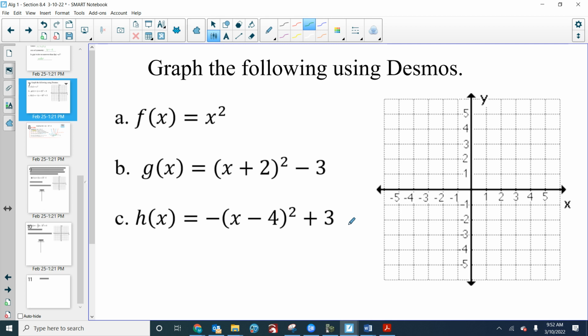Actually, let's do it real quick. We're going to start off with x squared. Ready? 0, 0. -1, 1. 1, 1. -2, 4. 2, 4. Here's your parabola.